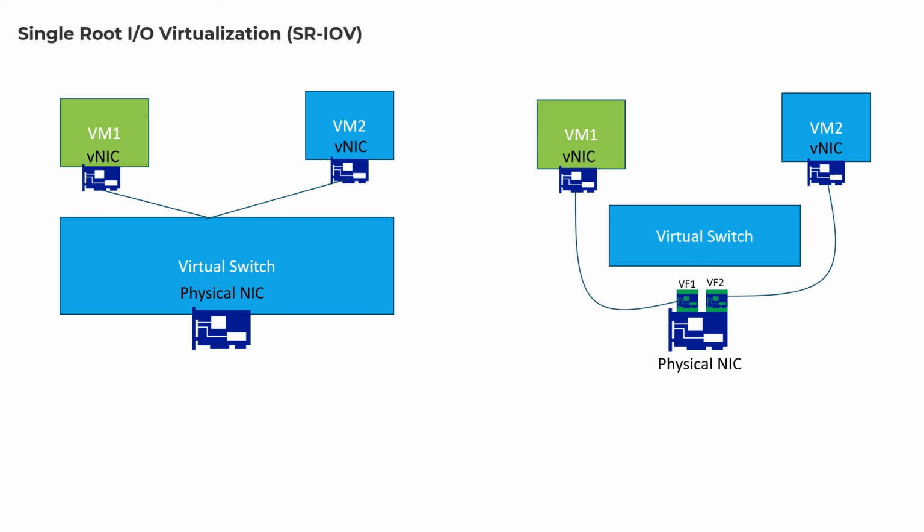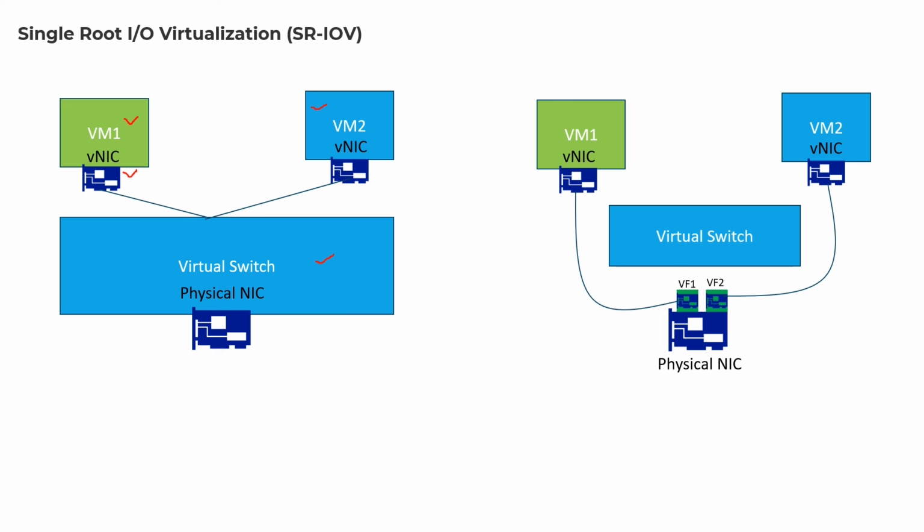Now, let's talk about the final topic for this episode, which is single root input/output virtualization technology for networking, known as SR-IOV. If you have noticed, during early virtualization, there was a virtual switch, which is part of your physical infrastructure. And then on top of that, you are running multiple NICs, and these NICs are associated with the VMs.